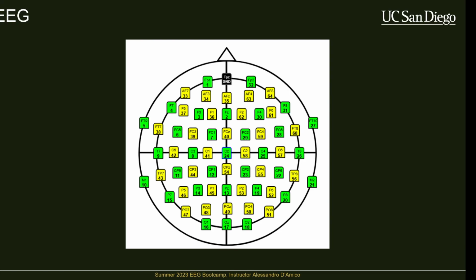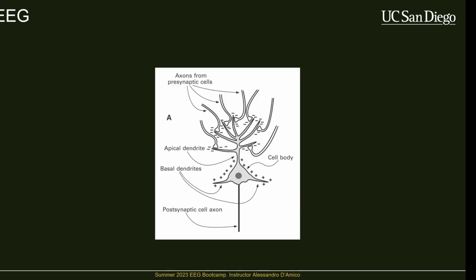So although there's maybe a higher than chance likelihood that the bulk of the activity is generated directly under any given electrode, there's no guarantee that's the case. And the reason for this is the type of activity that we record in EEG. I realize I've been talking a little longer, so I'm going to talk about this slide, and then we'll take a 10-minute break, and then we'll come back.